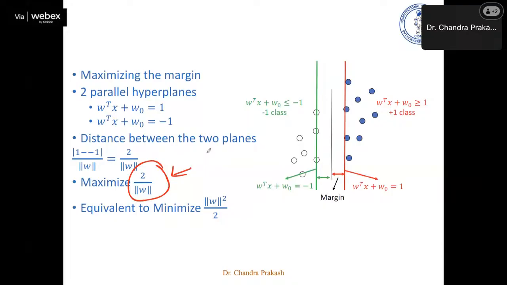So let us consider one particular example. As I was telling, we can consider a line with some data points. Over here, this is my hyperplane 2, this is my hyperplane 1, and this is my optimal hyperplane, and I have W with me.